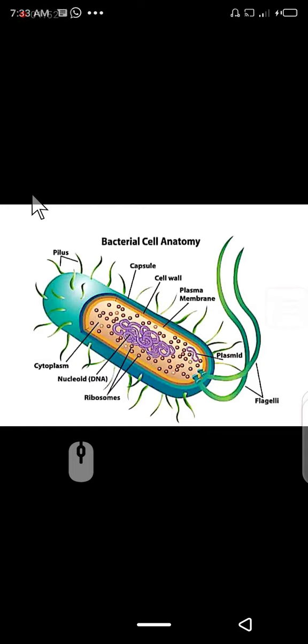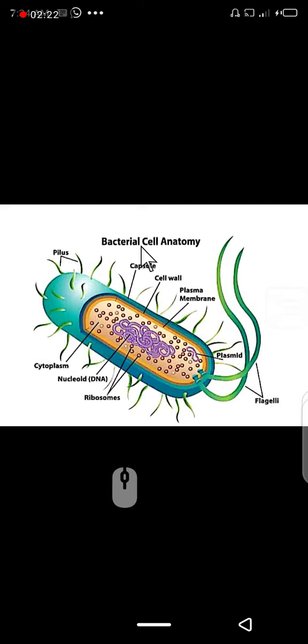Organisms that have prokaryotic cells are unicellular and called prokaryotes. They're covered in a cell membrane, which allows them to create a specific environment within the cytosol. We'll talk about the functions in a future slide.